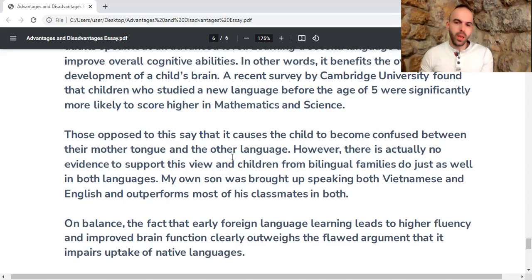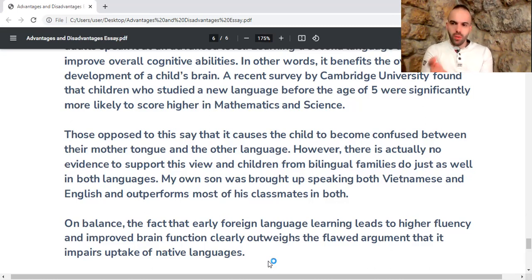Now let's move to the last paragraph, which is the conclusion. On balance, the fact that early foreign language learning leads to higher fluency and improved brain function clearly outweighs the flawed argument that it impairs uptake of native languages.